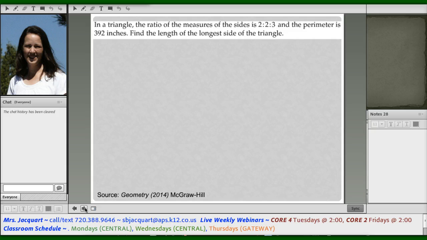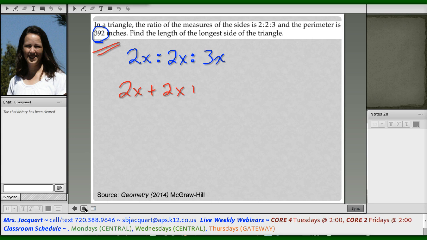Okay, in a triangle, the ratio of measures of sides is 2, 2, 3, and the perimeter is 392. So what we're going to do is we're going to plug in an x ratio, 2x ratio, 3x. And then the strategy in order to figure out what the parts are is you take 2x plus 2x plus 3x equals 392.